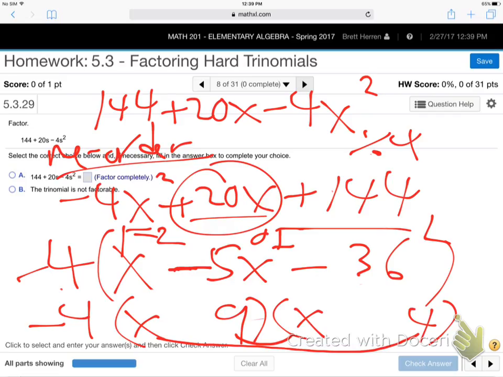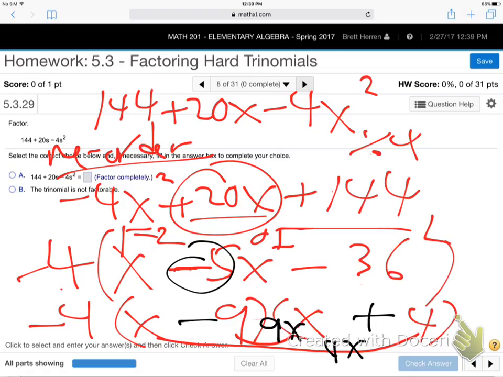It's 9x and 4x, the inner, outer. Am I losing you? Sign in the middle goes on the bigger, plus on the smaller. Minus 9 plus 4 does make minus 5. And we're done. That's the right answer.